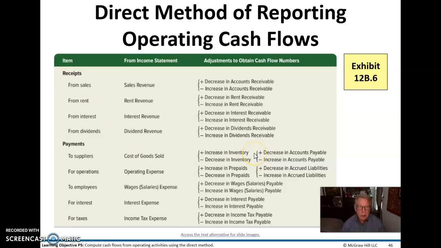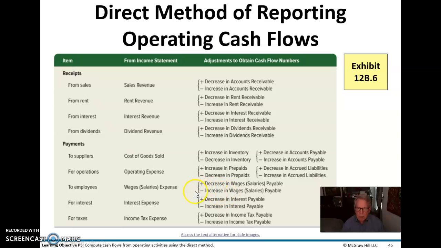But we also include the other side of the balance sheet. A decrease in accounts payable is also going to increase your cost of goods sold, etc. And the same thing with prepaids. We have an increase in accrued liabilities, which are assumed to be prepaids in this example.